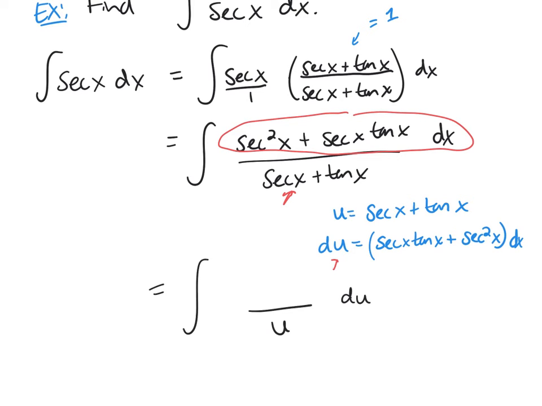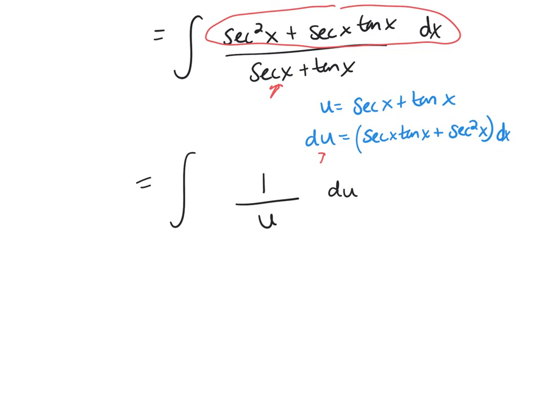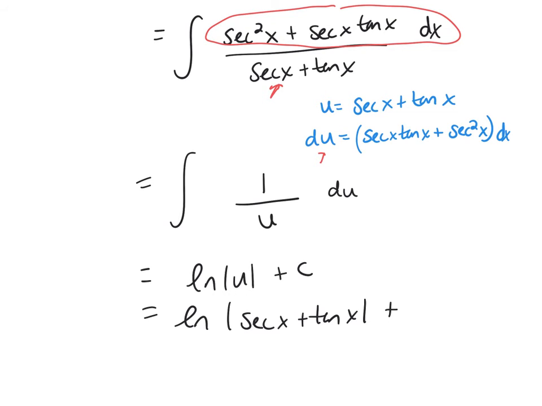So now I just need to integrate 1 over u, which we've already seen a few times. This is the natural log of u plus c. And again, you plug back in for u, secant x plus tangent x plus c. And there is my answer.